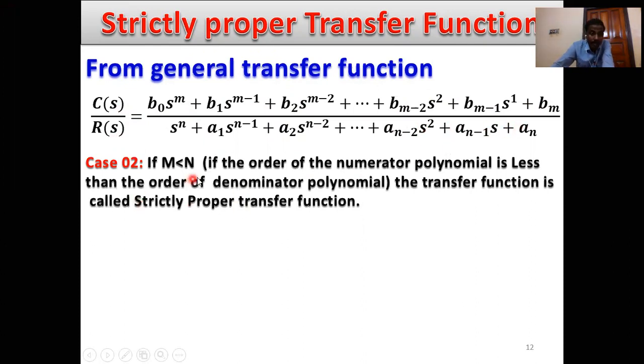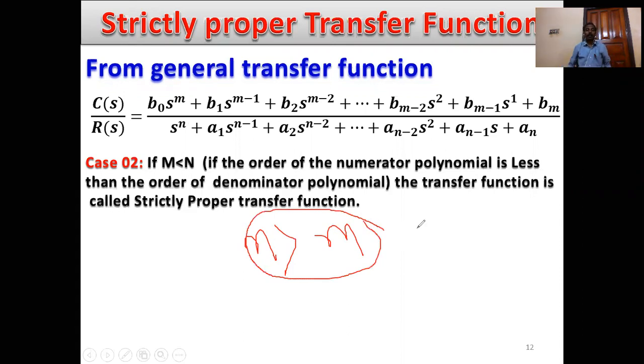If m is less than n, that means the denominator power is greater than the numerator power. This is called the strictly proper transfer function. If the order of the numerator polynomial is less than the order of the denominator polynomial, the transfer function is called the strictly proper transfer function.